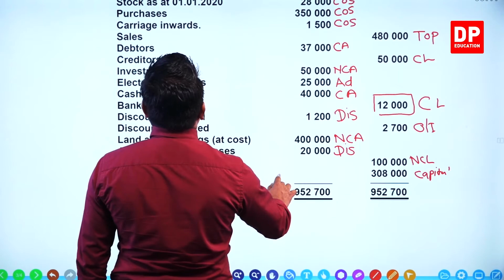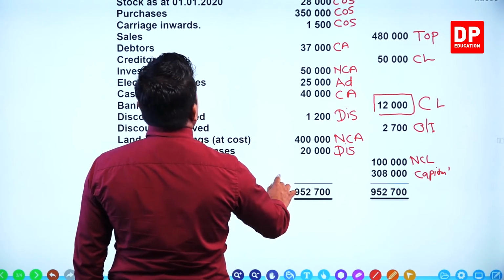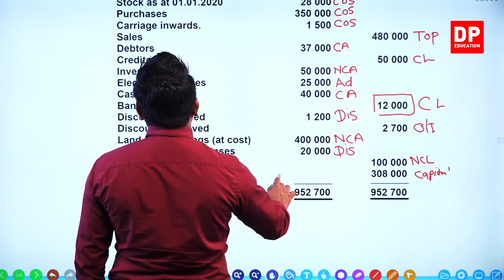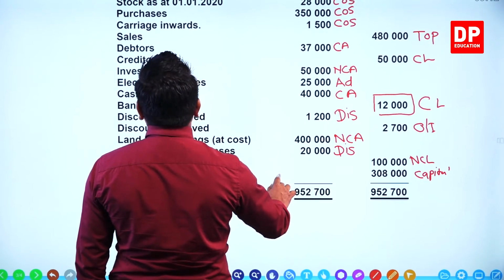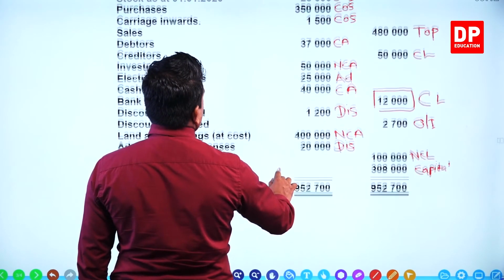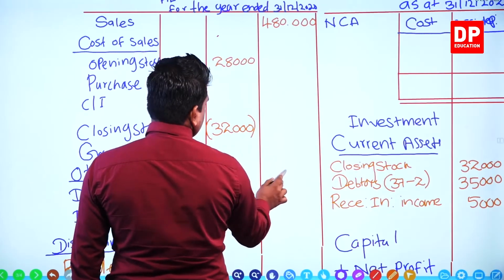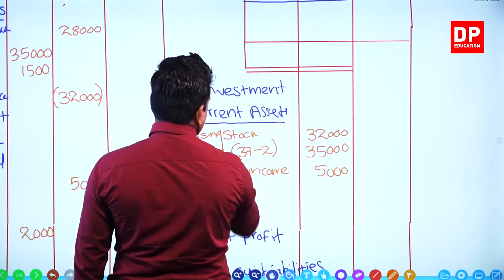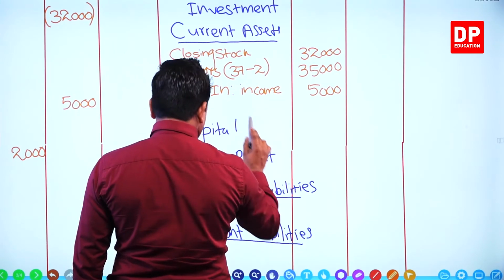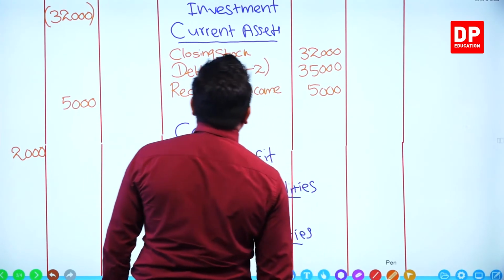Sales we have taken. Okay. Debtors also we have done. Creditors 50. Investment also 50. Right?